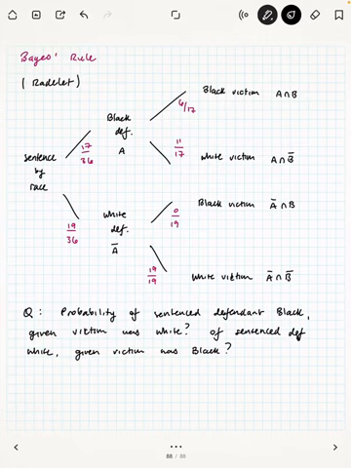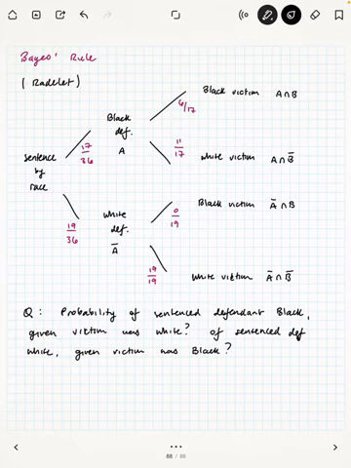So this tree diagram represents, first of all, the probability of the defendant being black or white. So that's A or A bar. And for each of these possibilities, we examine whether the victim in the case was black or white. And that gives us our B or B bar.